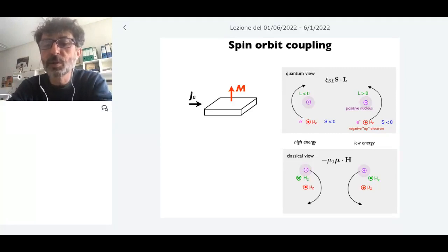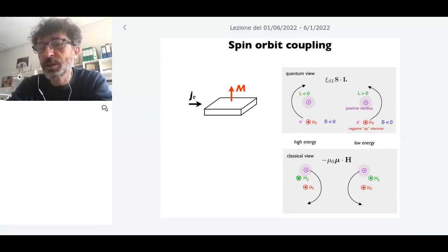Spin-orbit coupling can be well described for bound electrons, not for conduction electrons. We can do this both in a quantum view, but also in a very intuitive classical view. You can take an electron that has an angular momentum around its nucleus, but you can also take the opposite view, where you fix yourself on the electron and you look at the nucleus turning around you. This nucleus corresponds to a sort of current, and this current generates a field.